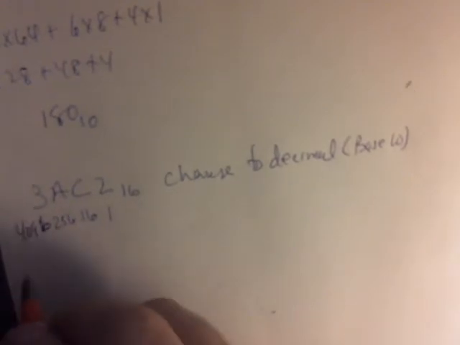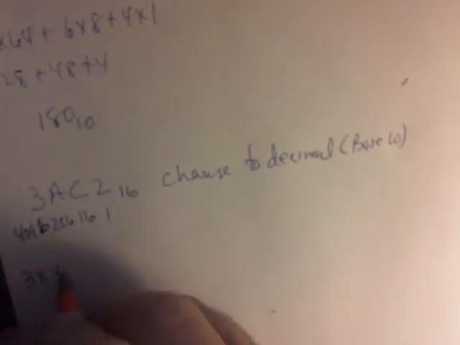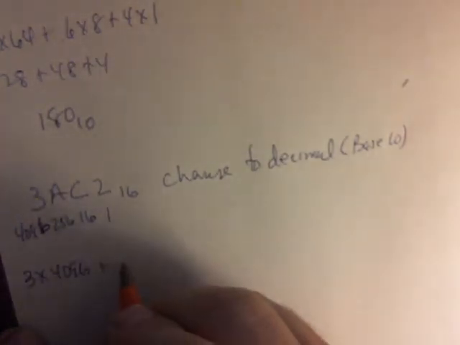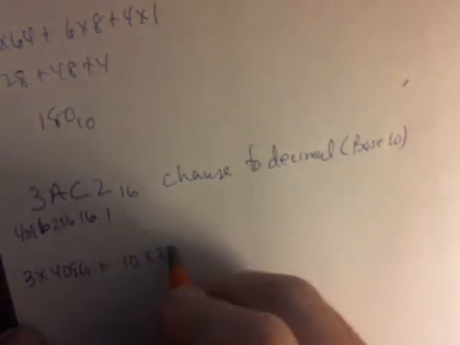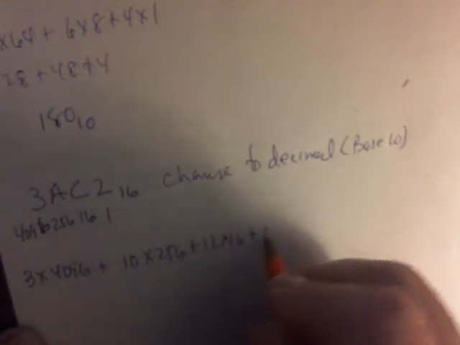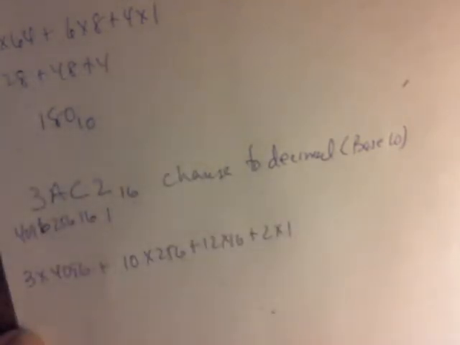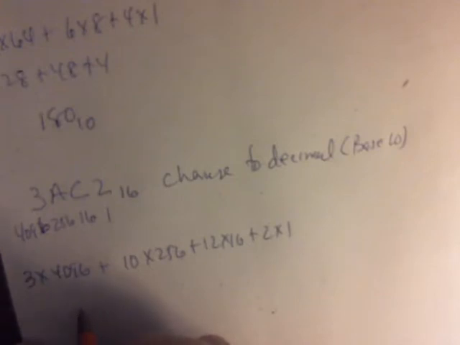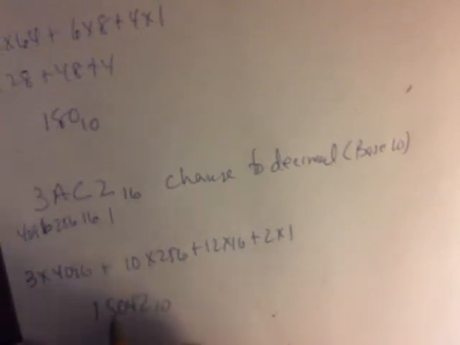So what I have here is I have 3 4096s, plus I have 10 256s, then I have 12 16s, and I have 2 1s. So if I add all these together, I get 15,042 base 10.